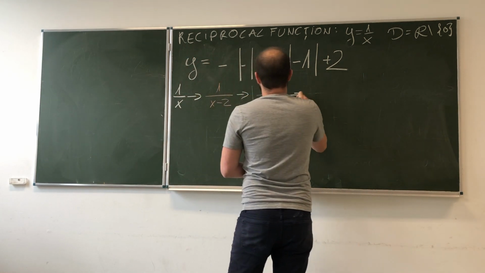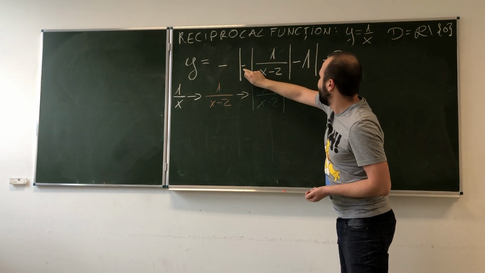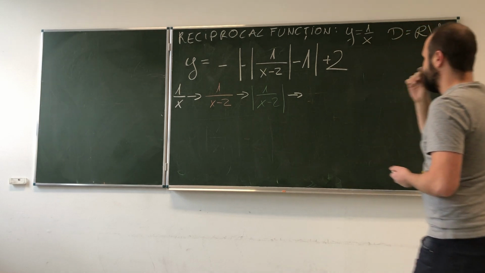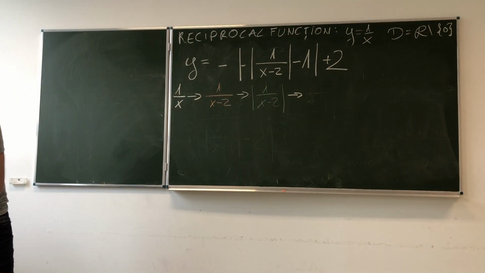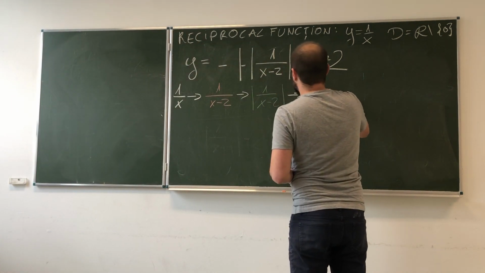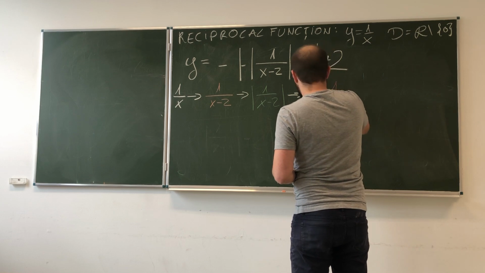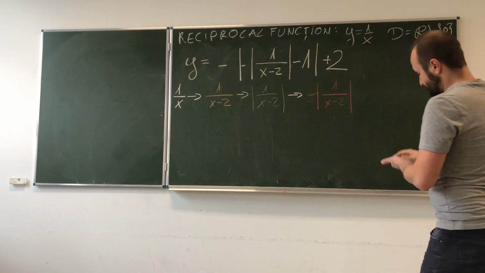Then, in the next step, we should probably get rid of this minus. Unfortunately, this one is going to be a little complicated. So we will have minus 1 over x minus 0.